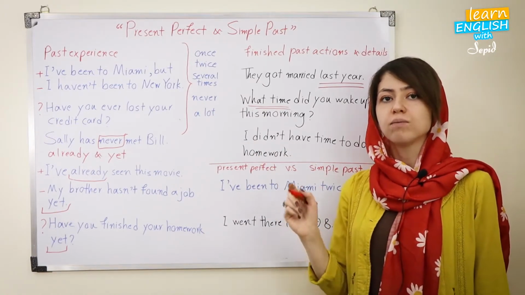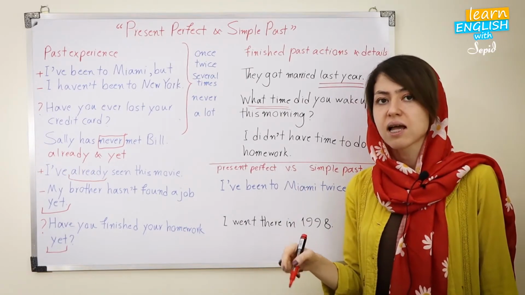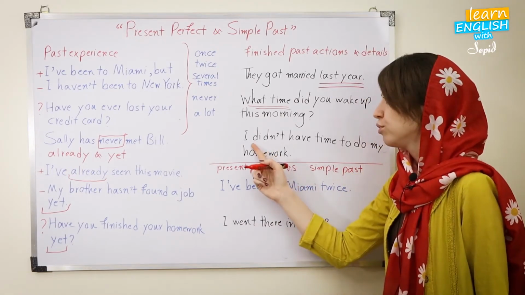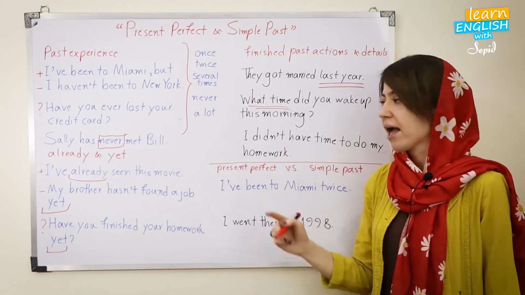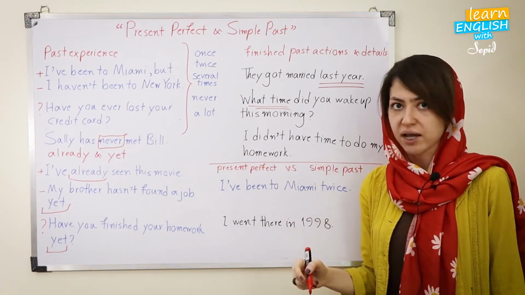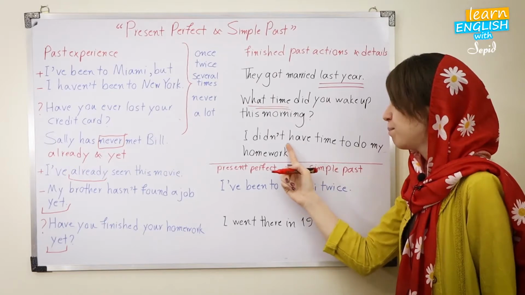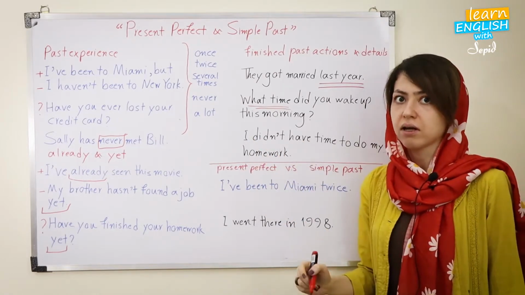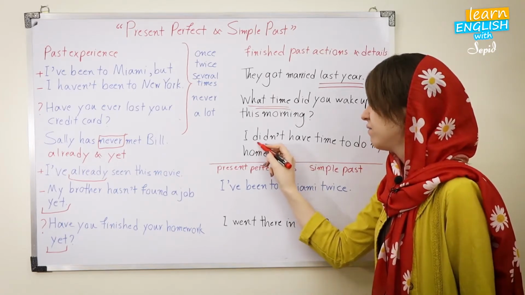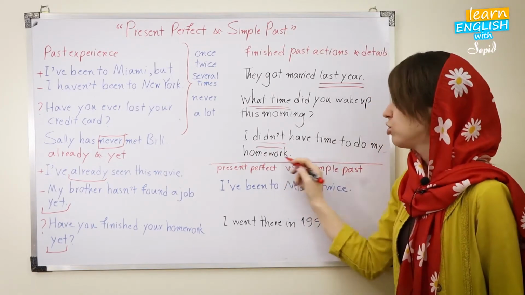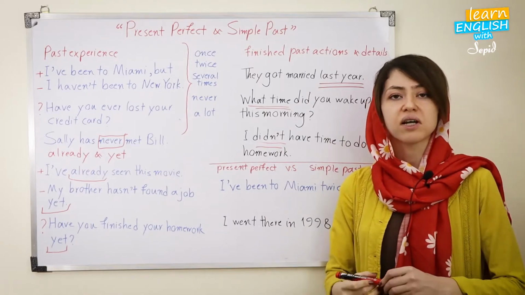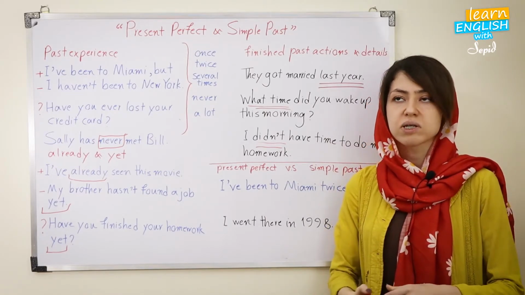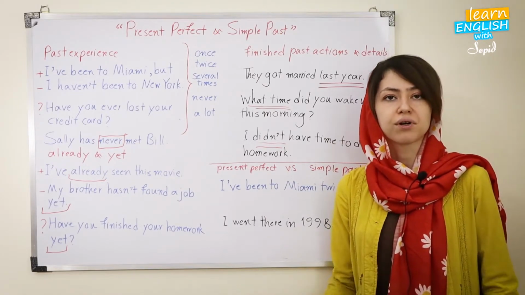In order to make negative sentences in past tense, you should put didn't after your subject, and you should bring the base form of the verb. I didn't have time to do my homework. Again, we are talking about the past tense and the result is not really important right now.